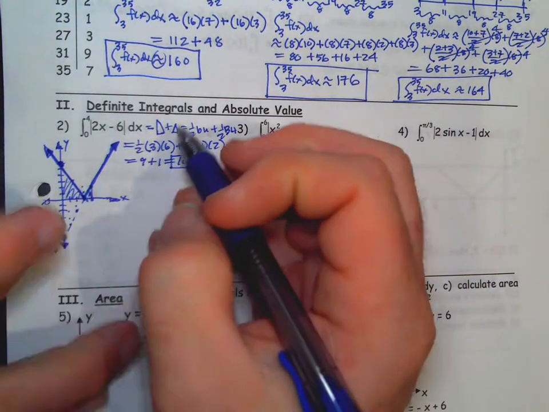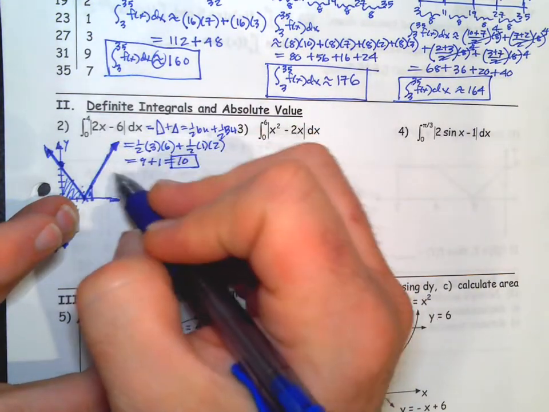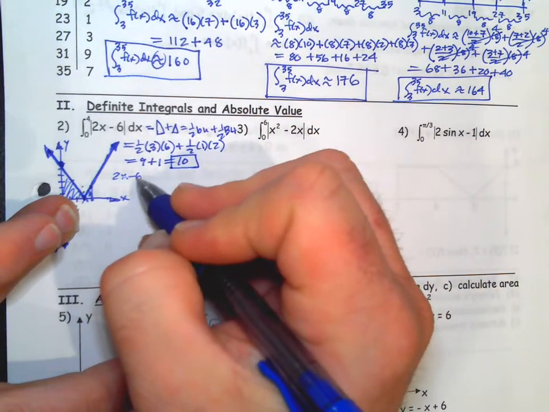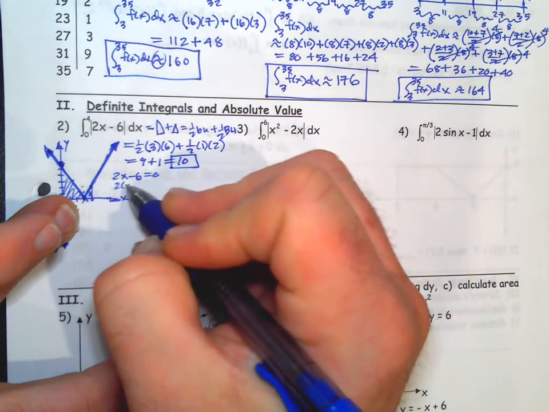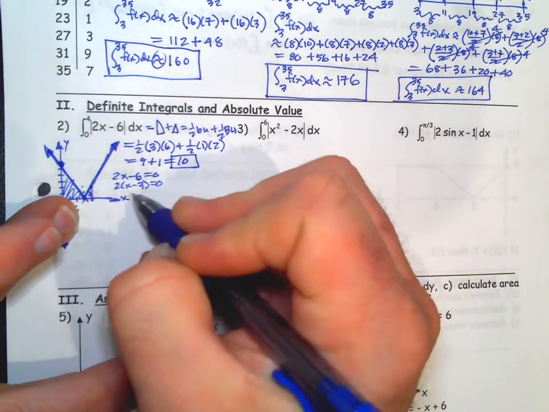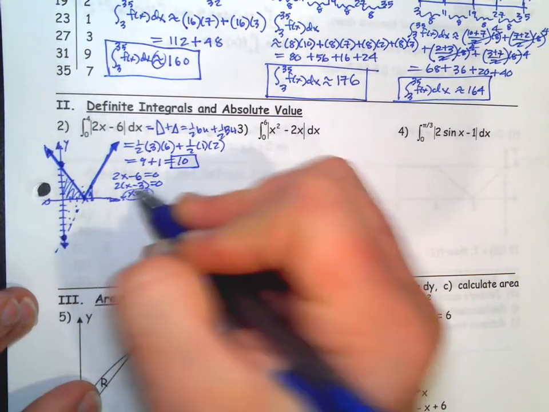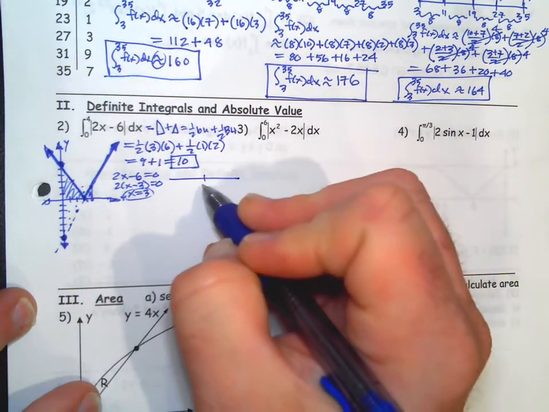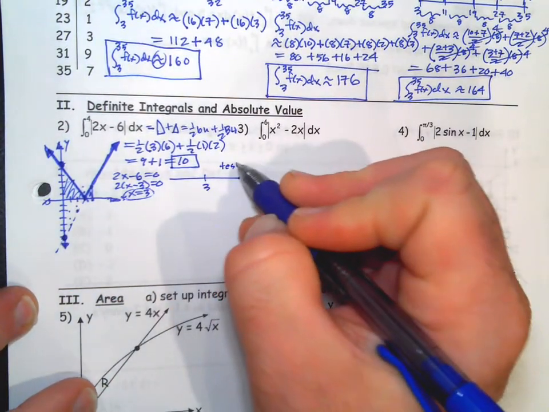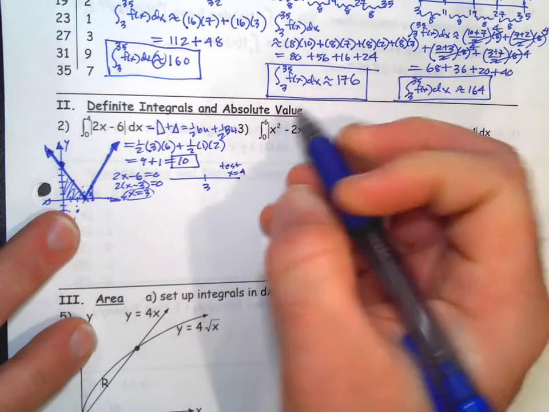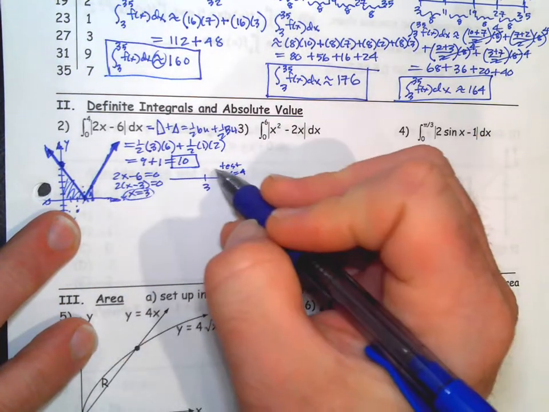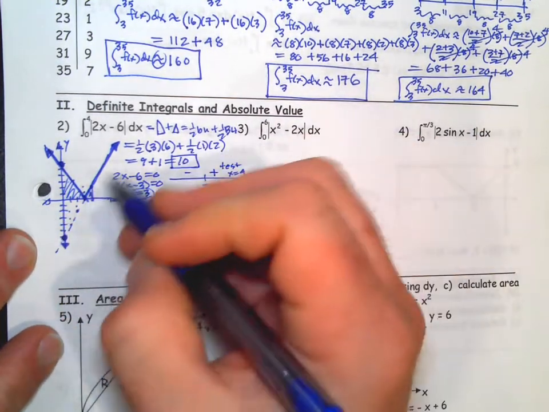The other way is you could find the zeros to figure out where to split this up without having graphed it yet. Say, okay, we've got to break it up at 3. You can do a line check, test a point, x equals 4. That's going to be positive, negative. You can even look at the graph we just did.